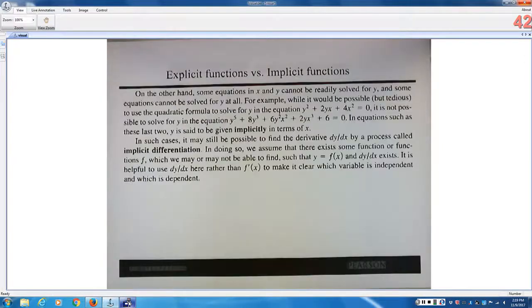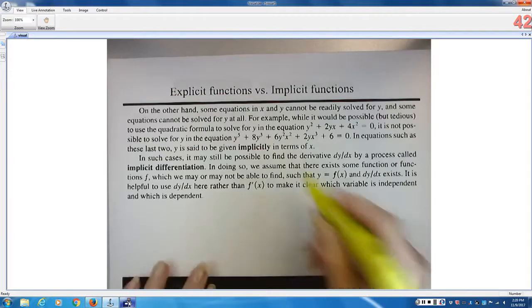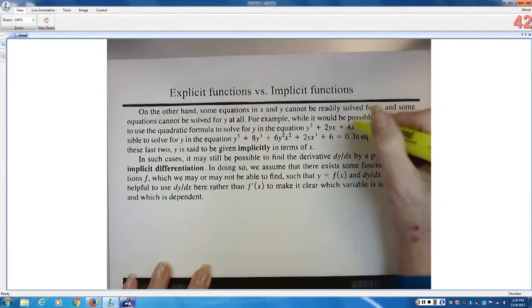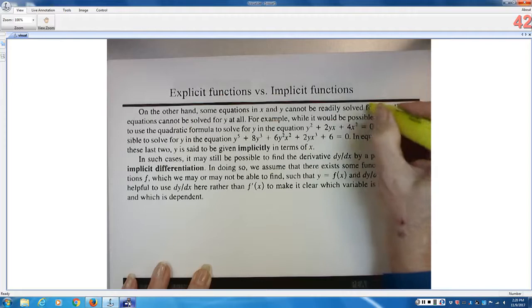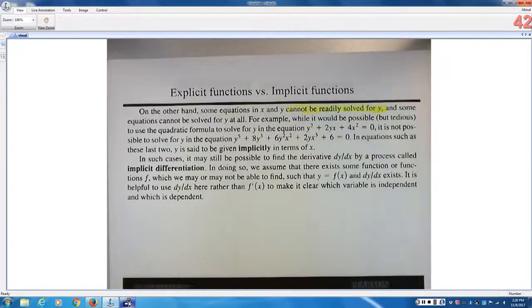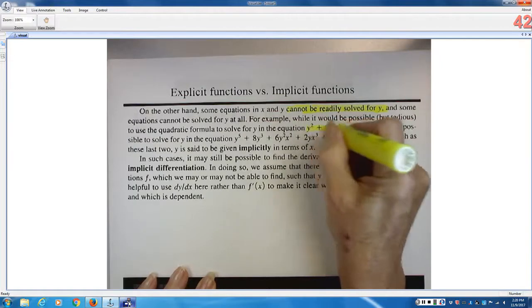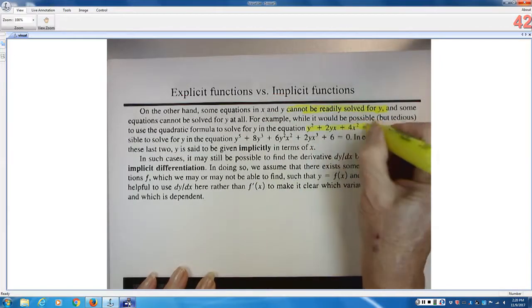So what about implicit functions? Implicit functions are functions that you can't readily solve the equation for y. You can try, but you're going to run into problems. And here's the first example. y squared plus 2yx plus 4x squared equals 0.